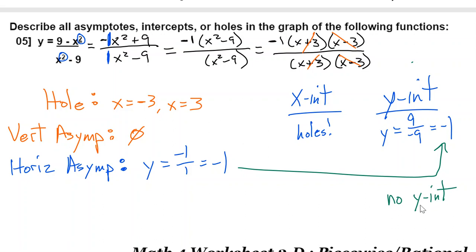Because the horizontal asymptote overrules, wait a minute now, yeah, that's the same thing. Horizontal asymptote overrules the y-intercept. It's not going to exist there. So you're not going to have a y-intercept. So this guy has neither x-intercept nor a y-intercept. It has a horizontal asymptote and it has a couple of holes, and that's it. A very weird graph, that's for sure.